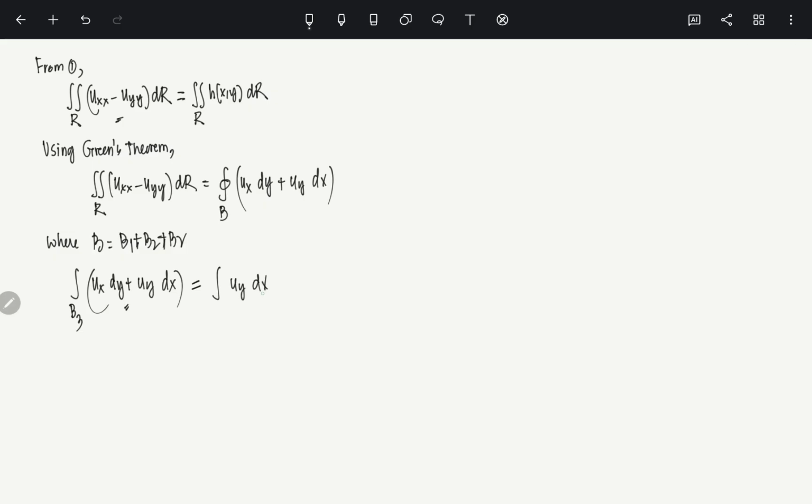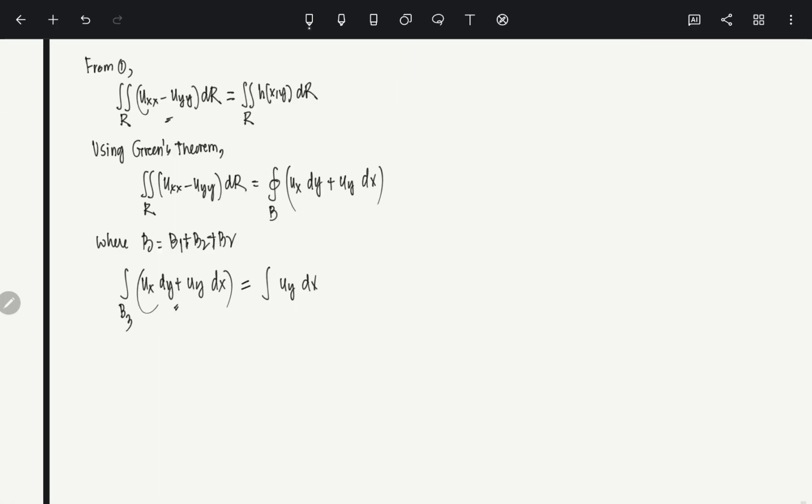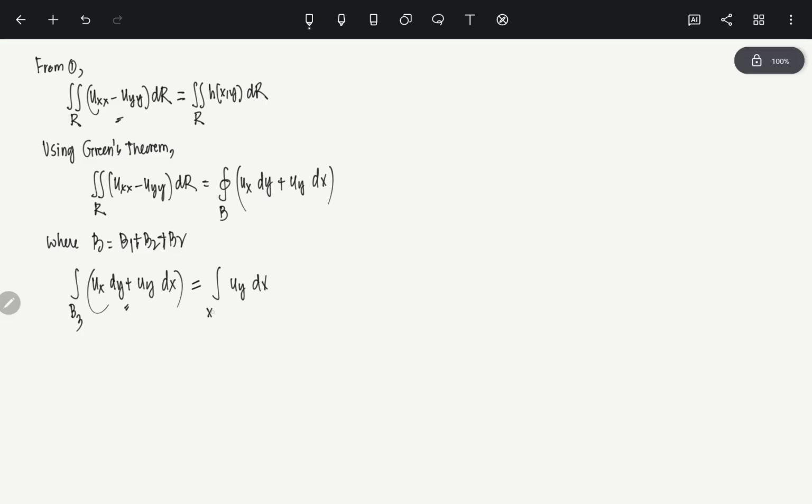And where is x varying from? x is varying from x0 minus y0 to x0 plus y0, right? Sorry, this is not x1, this is x0. This should be x0 minus y0 and 0. So this will be x0 minus y0 to x0 plus y0.